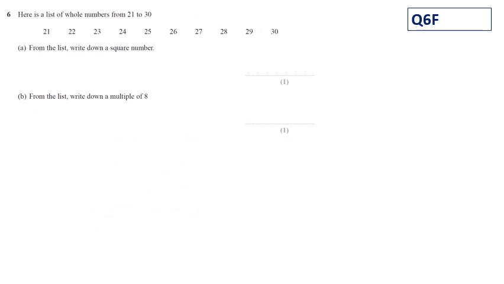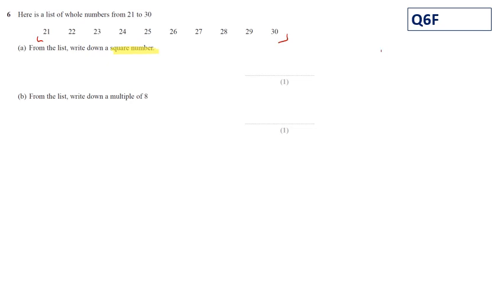Okay, question 6, here's a list of whole numbers from 21 to 30. Below here I've got a list of numbers from 21 to 30. Question A, from the list, write down a square number. Now a square number is the product of a number that's multiplied by itself.